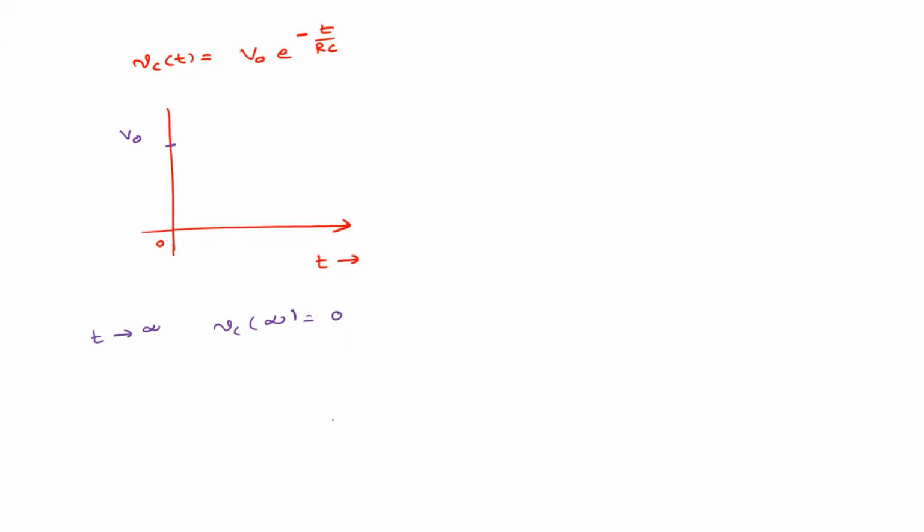So it will start like this and practically touch 0 somewhere. Understood? So this is the curve V0 into e to the power of minus t by RC.